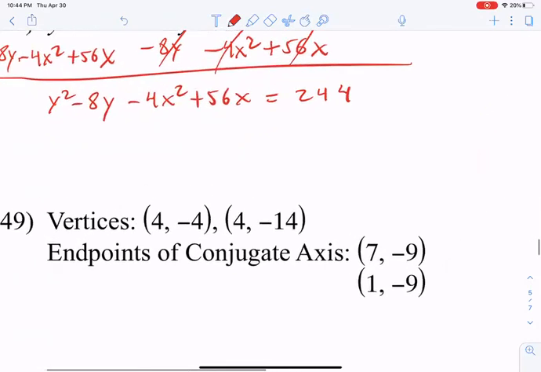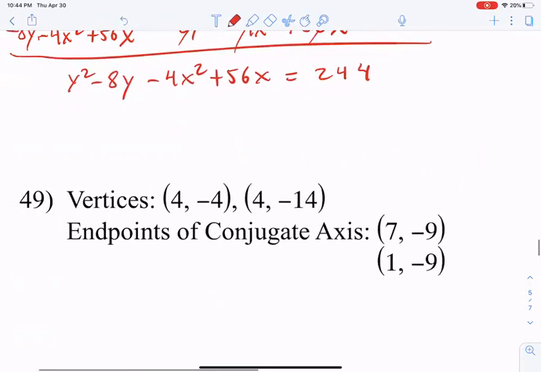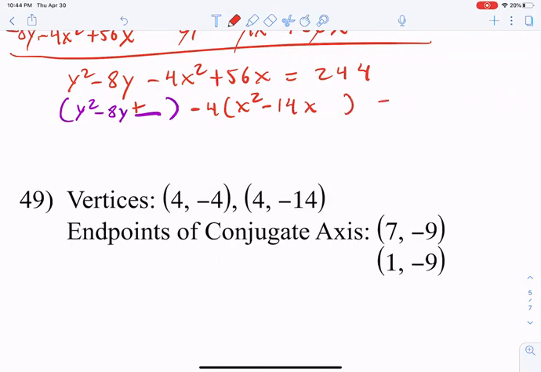Now I'm going to put the y's together with y's, so this is y squared minus 8y, and I need to complete the square here. Remember, when you're completing the square, this is always positive, right? Now I have to do the GCF for the x terms, so this is going to be negative 4 times (x squared minus 14x), and this is 244.